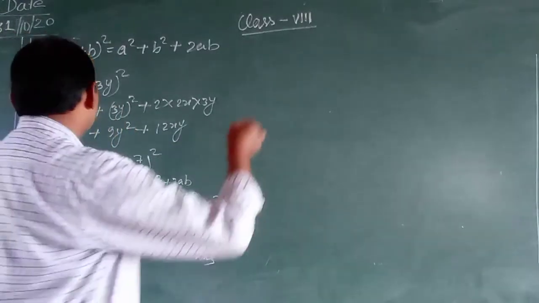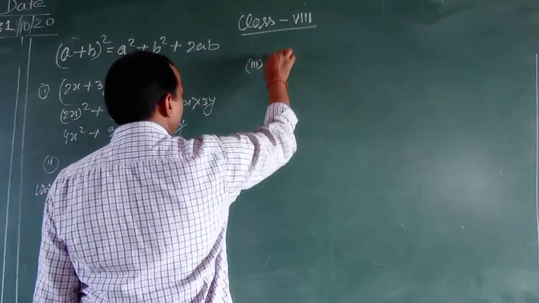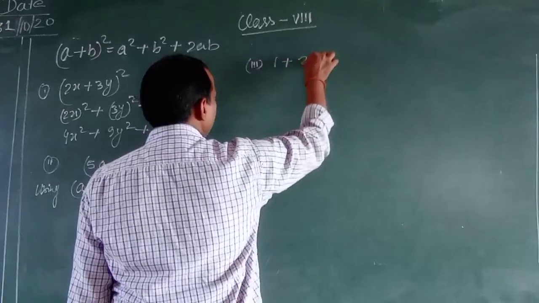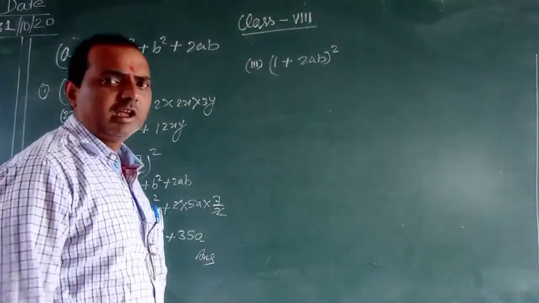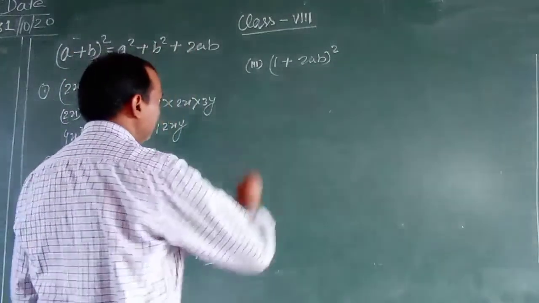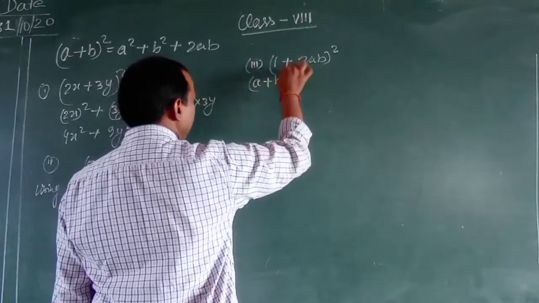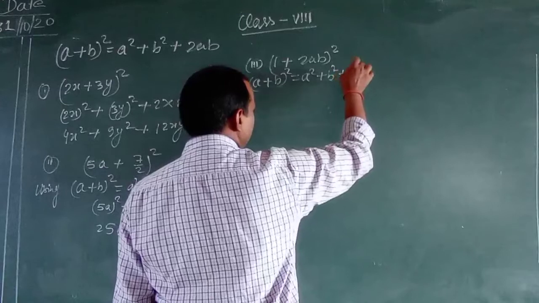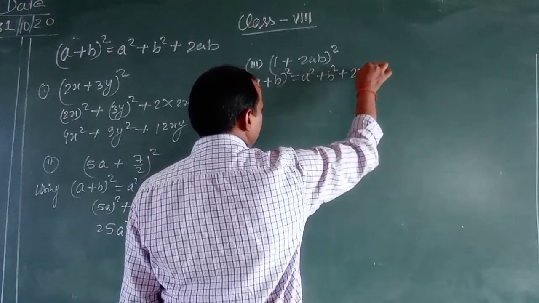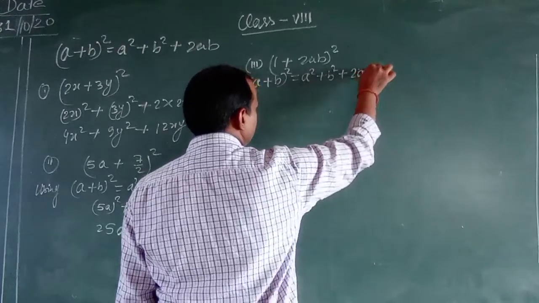Similarly, see example number third. If (1 plus 2ab) whole square. Here we can write using same (a plus b) whole square, first term square plus second term square plus 2 into first term into second.